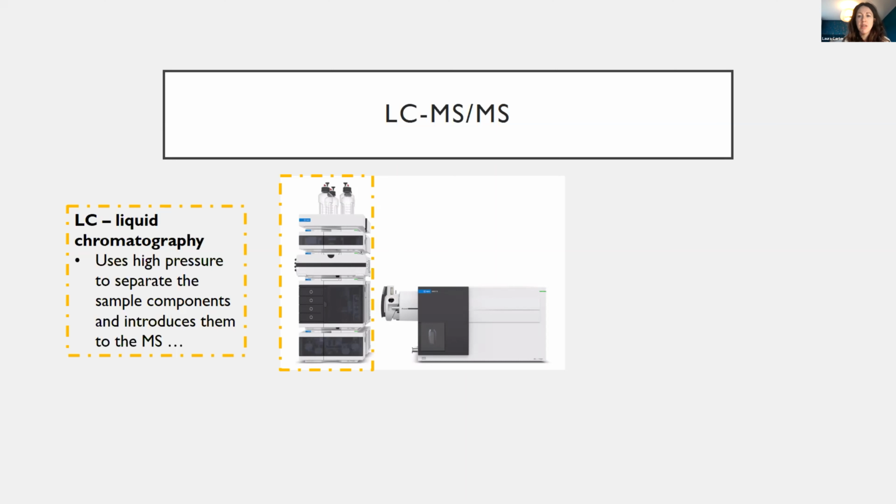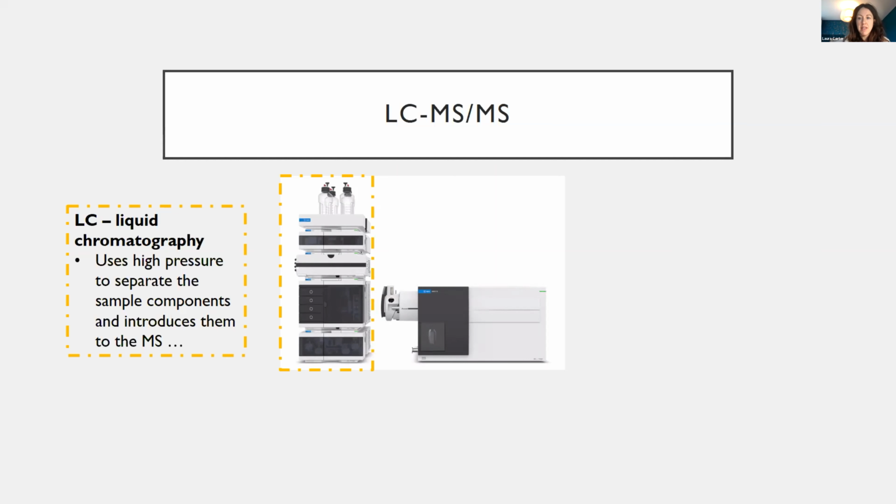So I guess to try and explain LC-MS, it's probably easiest to split this into two parts. So the LC and the mass spectrometer. The LC stands for liquid chromatography, and it's a separation method.